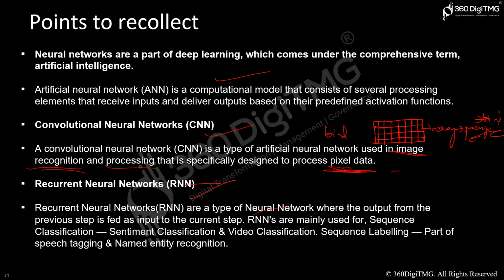So RNNs are mainly used for sequence classification, sentiment classification, and video classification. Also sequence labeling, part of speech tagging, and named entity recognition. So these are the kinds of things RNN is used for.